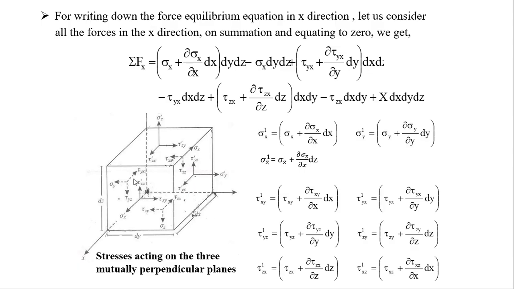Tau yx is in the negative direction, whereas tau y dash x is in the positive direction, and tau y dash x can be written as tau yx plus dou tau yx by dou y into dy. This is acting over the area of dx into dz.